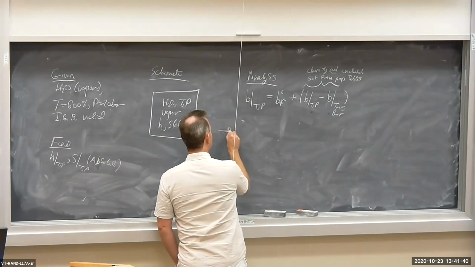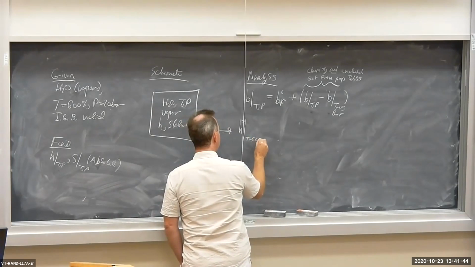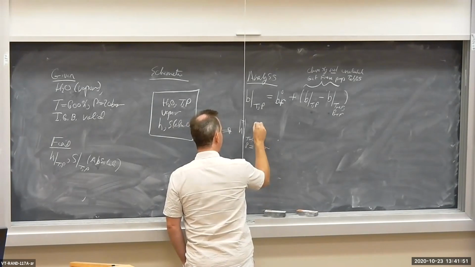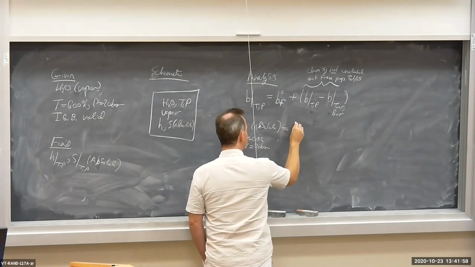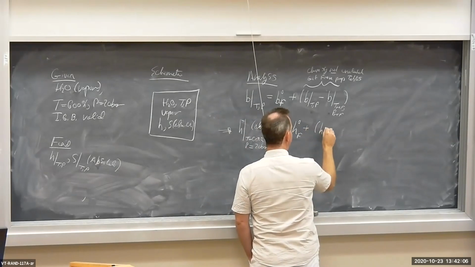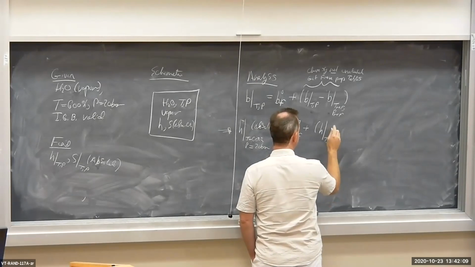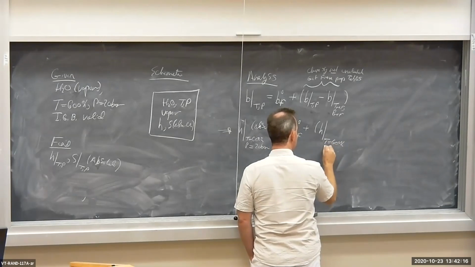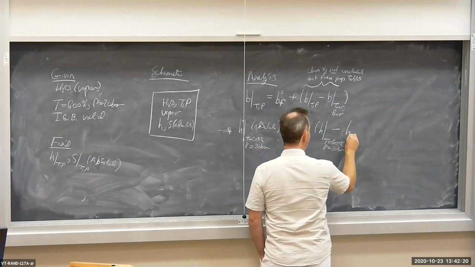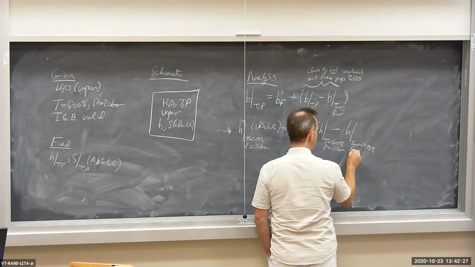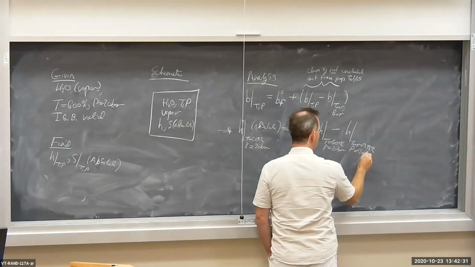So this means H evaluated at 600 degrees Kelvin and a pressure of 20 bar, and this is absolute, is equal to the enthalpy of formation plus the enthalpy evaluated at temperature and pressure, or 20 bar, minus the enthalpy evaluated at the reference temperature, which is 298 degrees Kelvin, and the reference pressure, which is 1 atmosphere.